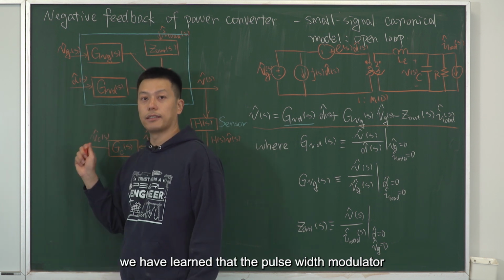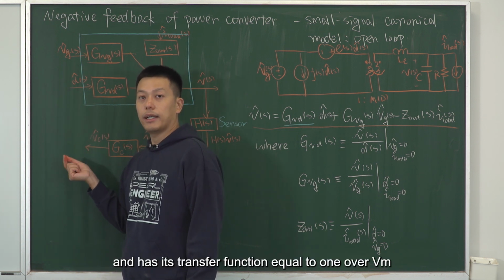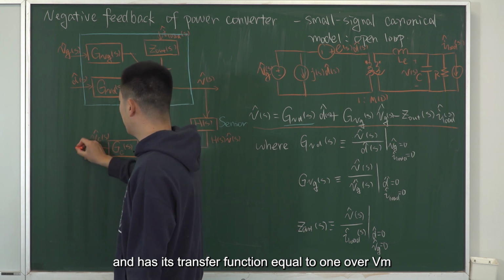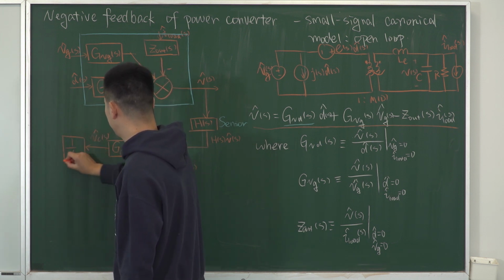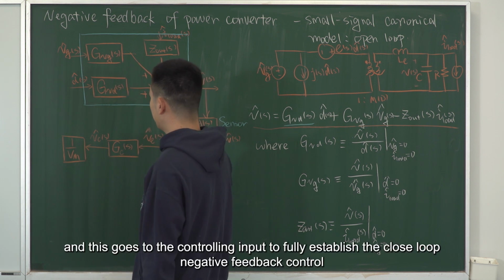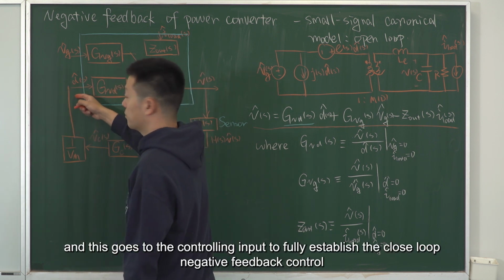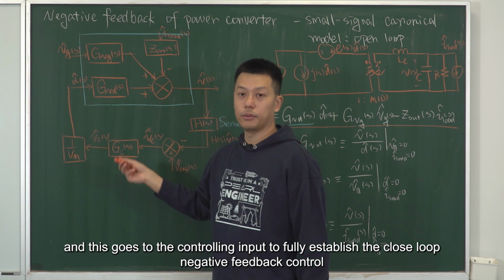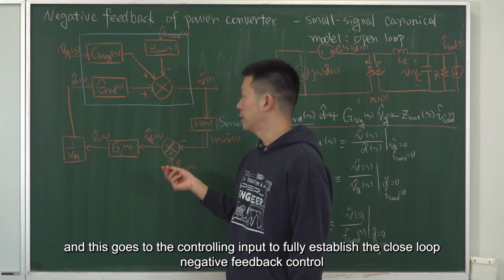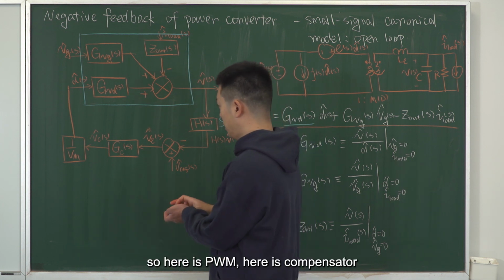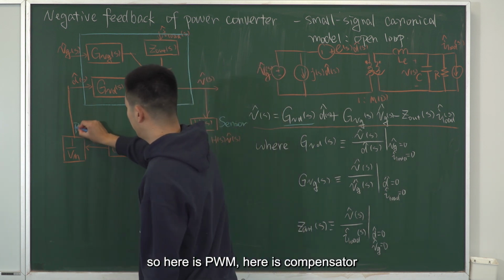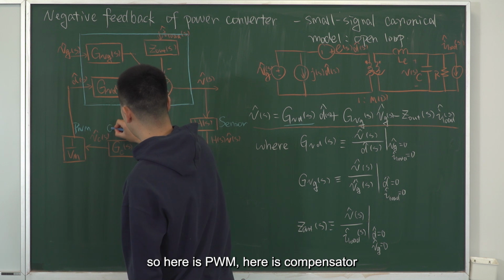We have learned that the pulse width modulator has its transfer function equal to 1 over Vm. And this goes to the controlling input to fully establish the closed loop negative feedback control, right? So here is the PWM. Here is the compensator.